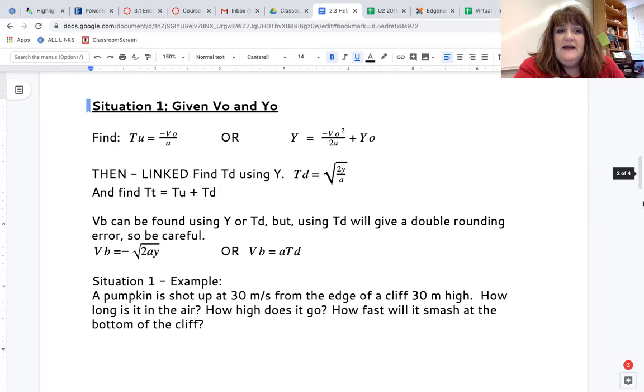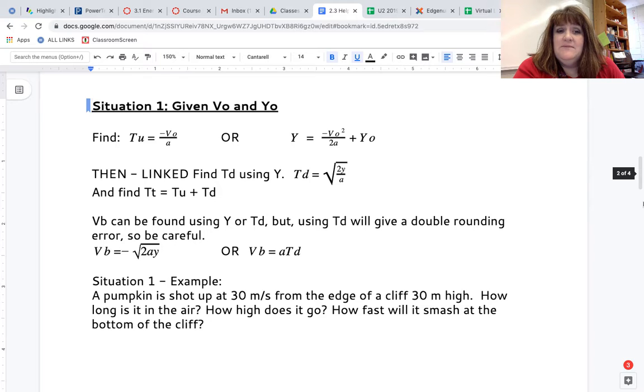You have to find t_u, time up, which is negative v naught over a, or, not linked together, find height, which is negative v naught squared divided by 2a plus y naught. Then this is linked. You have to find time down using that ultimate height. Then find the total time.